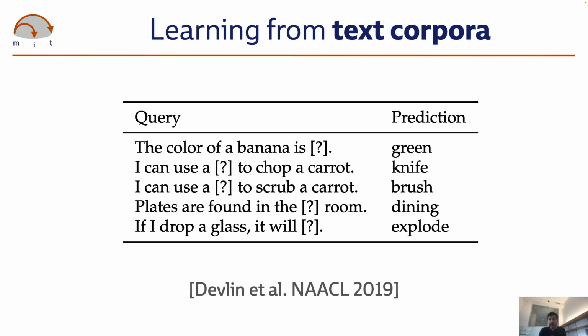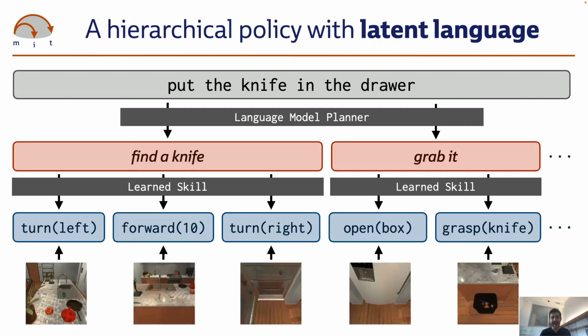I don't want to overstate, right? These models, and even much better models than the one on the screen, aren't perfect, but they contain way more information about tasks in general and environments in general than I think we can possibly hope to get from any set of demonstrations that we collect on any specific robot platform or simulator, as long as we ask for that information in the form of text.